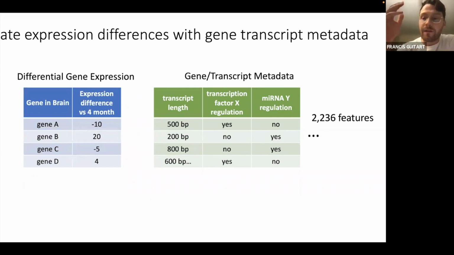So they've identified just over 2,200 features for each gene that were procured from the literature, and I'll include a link of that below. And they basically have this metadata for all of the genes in all of their differential expression analysis. So instead of doing differential expression, they wanted to use these features to try and see if they could actually predict that differential expression.